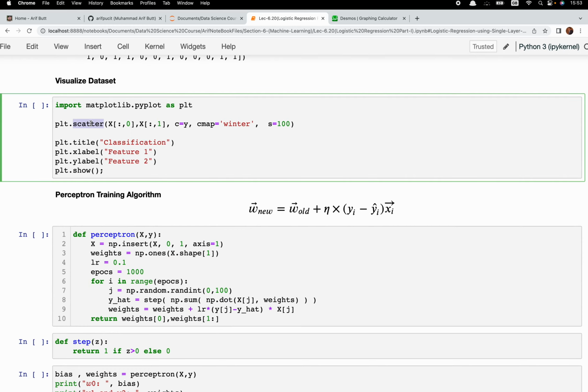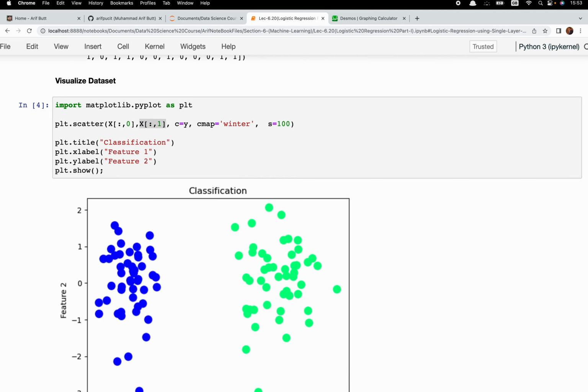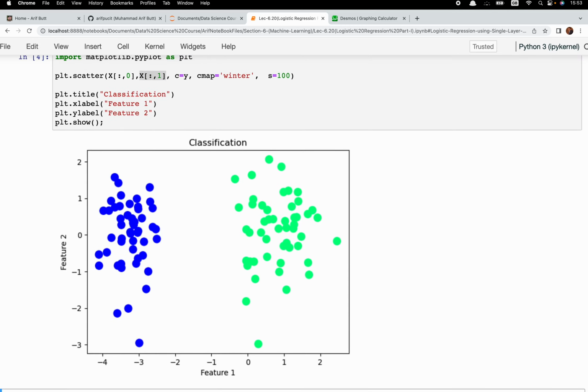I'm just keeping the 0th column of x along the horizontal axis and the first column of x along the vertical axis. Then I'm mentioning the color and size of the points. Let's just execute. Great. Seems to be quite a balanced dataset having almost equal number of samples belonging to both the classes, represented by blue and green color.